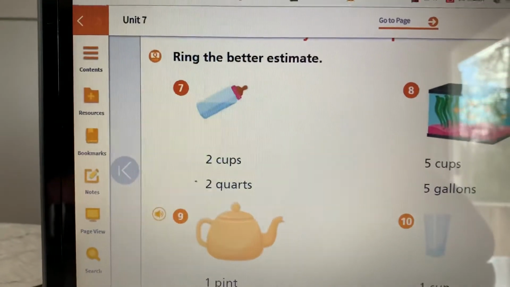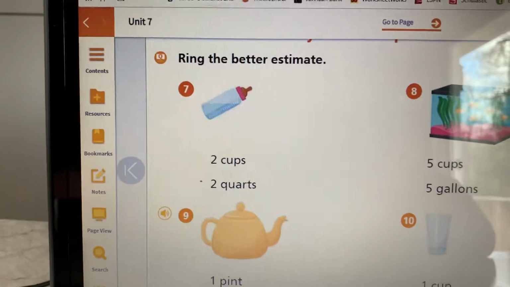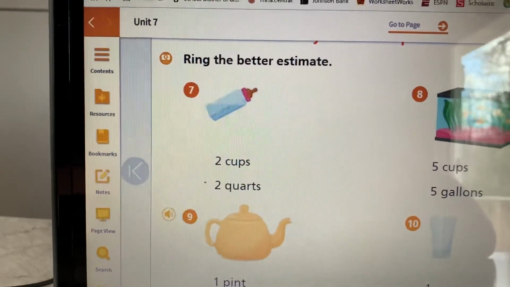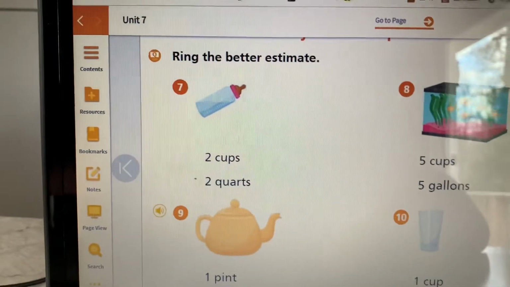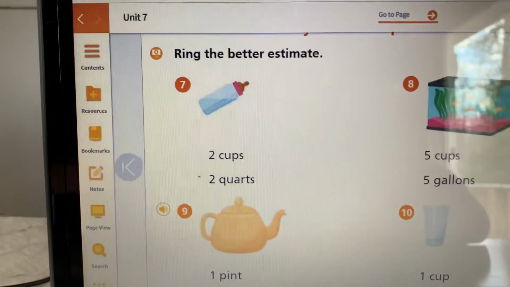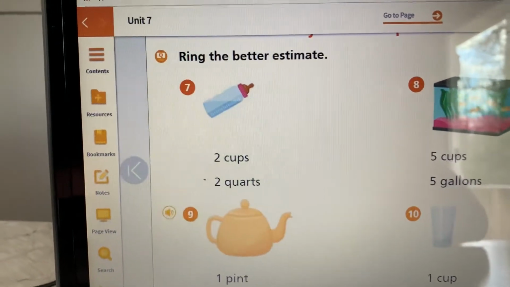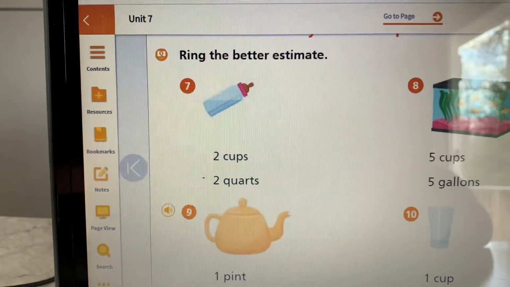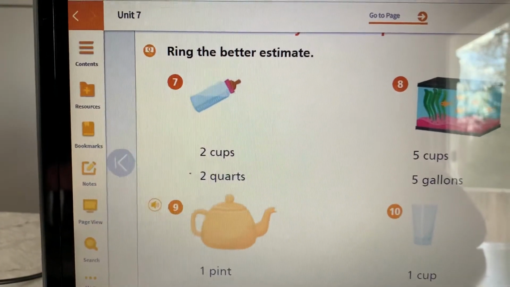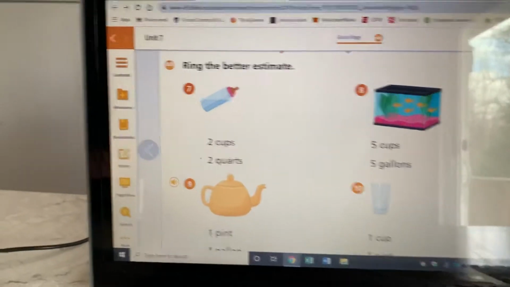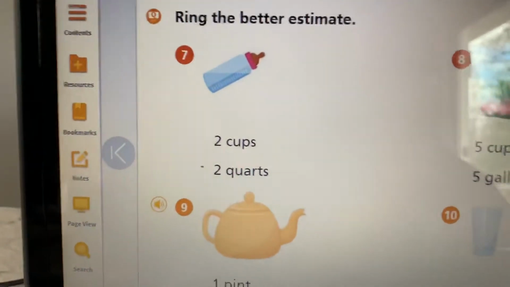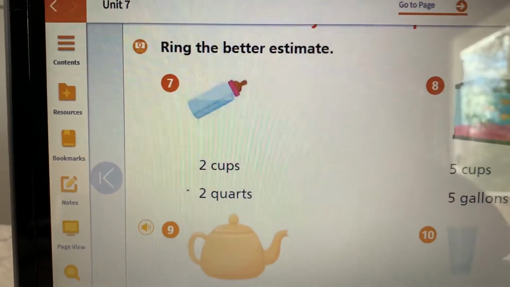Geez, if I look back at my vocabulary cards, I would find out that a cup is not very much. It's actually 8 ounces of liquid. It's like a coffee cup. But a quart, there's 4 quarts in a gallon. So a quart is kind of a lot compared to a cup. And this bottle is not very big, so we're gonna try to use our common sense to decide what this is here.